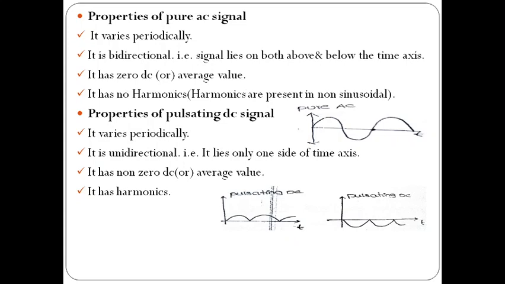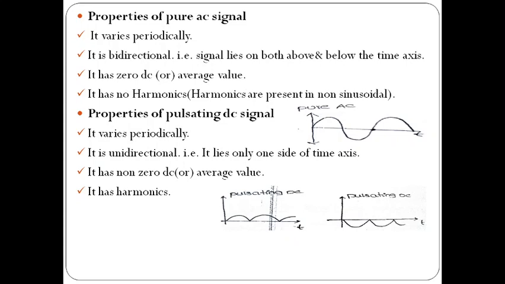Next, properties of pulsating DC. Here you can observe the waveforms of pulsating DC. These signals also vary periodically, but they are unidirectional. That means the signal lies on only one side of the time axis, either above or below it. It is a pulsating signal, so it is a combination of AC plus DC.